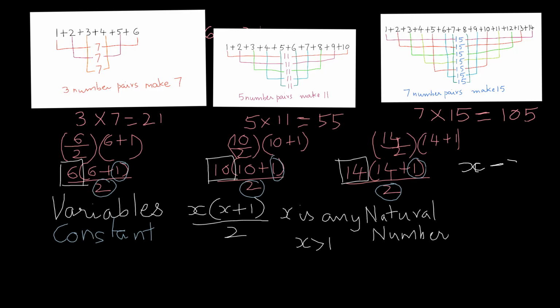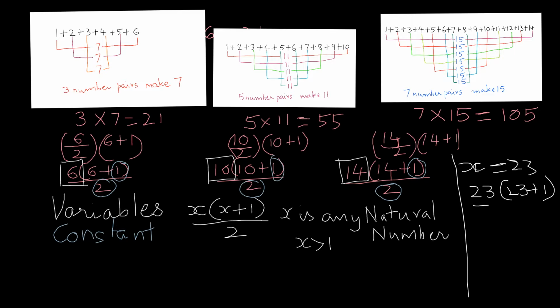So if x were to be 23, then my expression would read 23 times 23 plus 1 over 2, which can be further simplified.